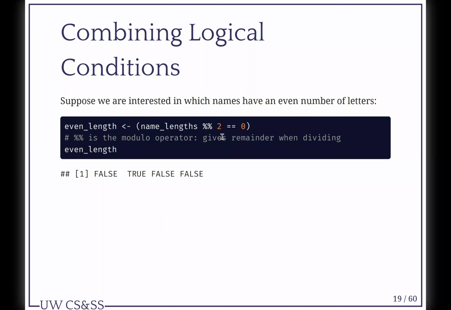And we say, after this division, is the remainder equal to 0? And we assign it to the even length object. And for our name lengths, which were 5, 4, 5, and 3, even length is only true for Beth.